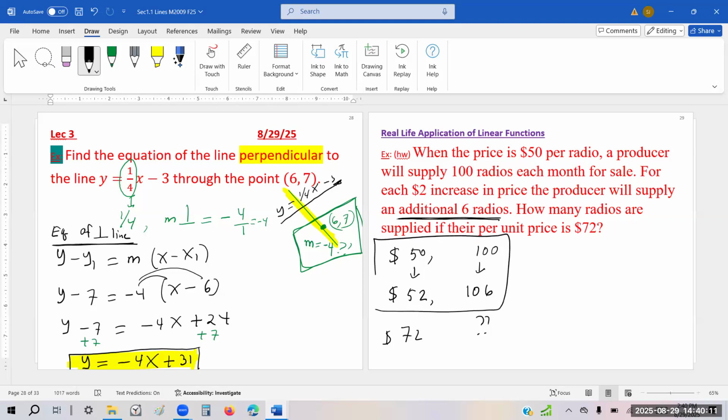You have this information, right? This information will tell you the rate between money increasing and radios produced, right? At which rate these two are changing. In other words, that will tell you the slope.